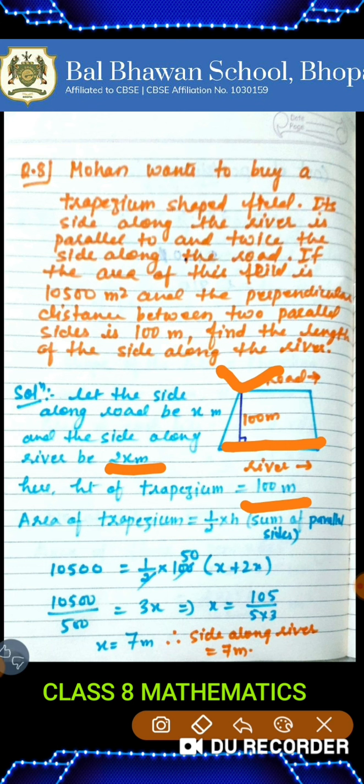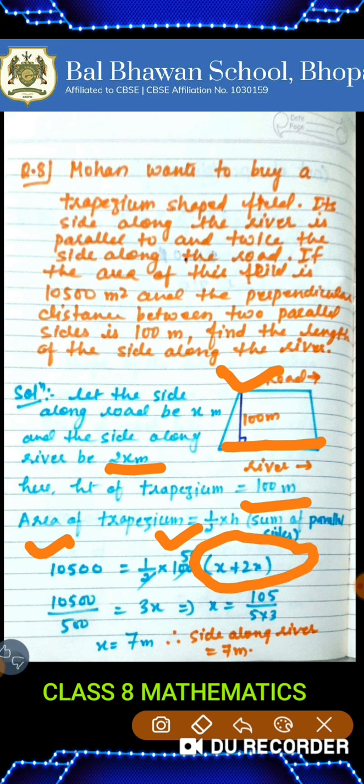Now we will write down the area of trapezium. That is, area of trapezium is equal to 1 by 2 into h into sum of the parallel sides. And what values are given here? We are substituting the values of area of trapezium, that is 10,500. Then 1 by 2 into height, height is 100 meters. And sum of parallel sides, that is x and 2x.